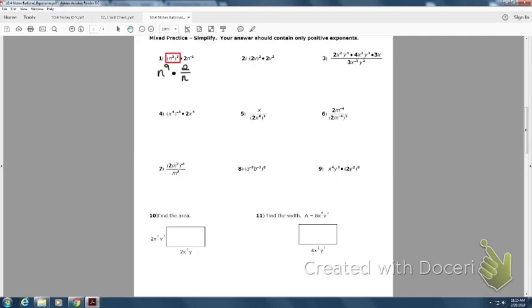Now, do I have to put n to the first power? No. So now I've got that. Do not overcomplicate this. A lot of people like to do that. Just make that a fraction, and you're just going to multiply across. Okay? Multiply straight across, one fraction to the other. So that gives me 2n to the 9th over n.